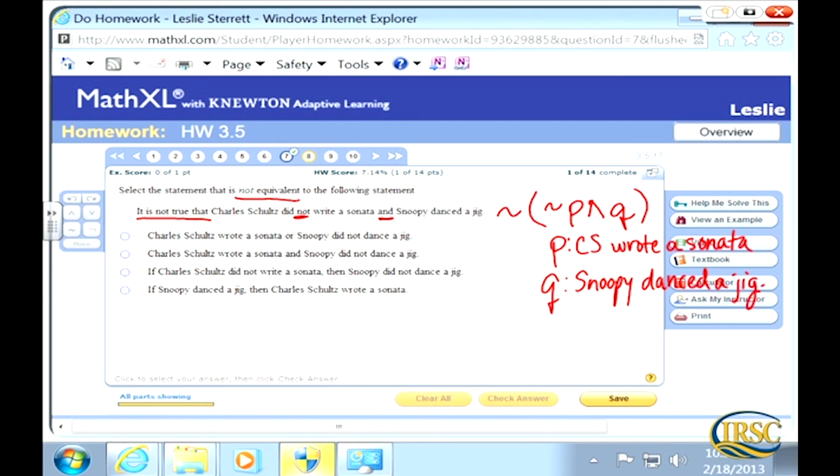Notice that you have a negation outside parentheses, and inside parentheses is an and statement. So you could use De Morgan's law to figure out another equivalent statement.